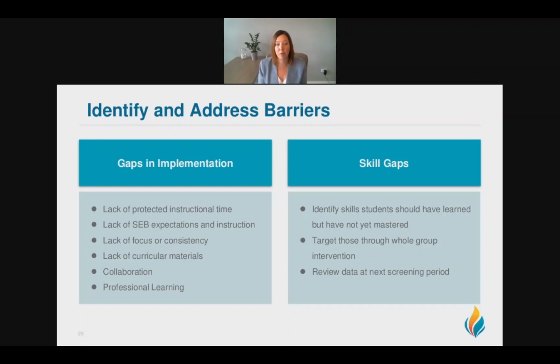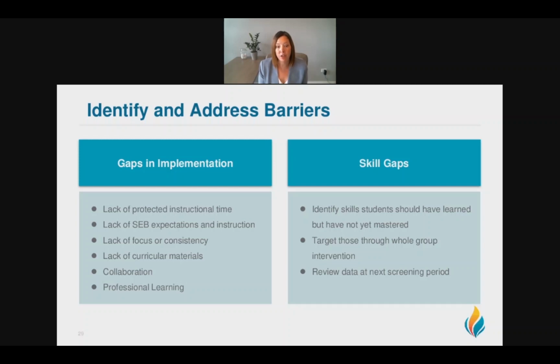And so those include things as simple in concept as protected instructional time. So if I'm at the elementary level and I don't have about 90 minutes of time set aside for reading and writing instruction, then that's something that we may want to look at if we're not getting the reading outcomes that we need.